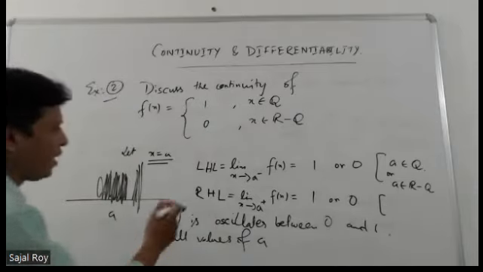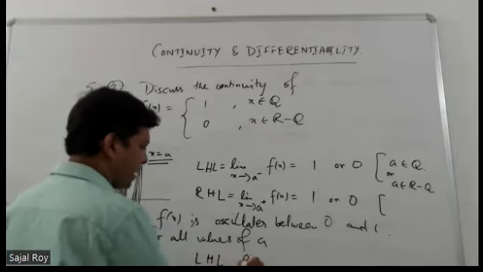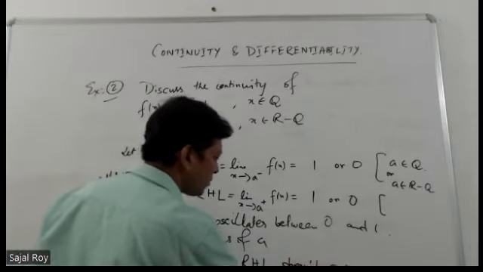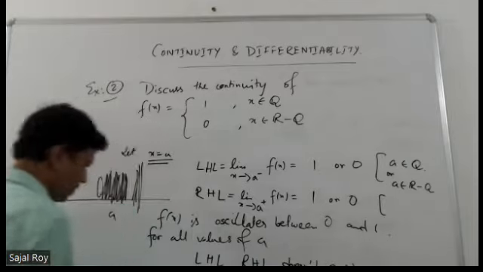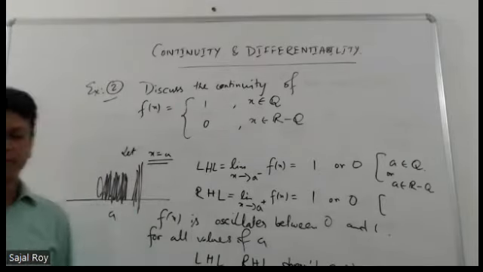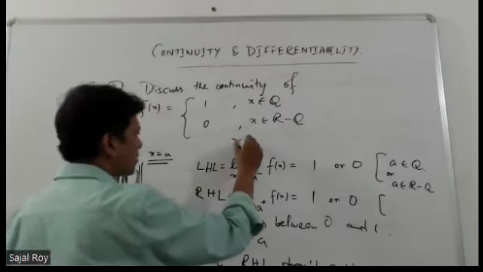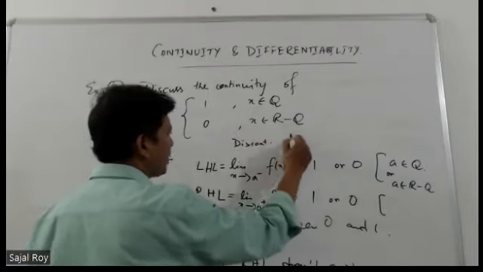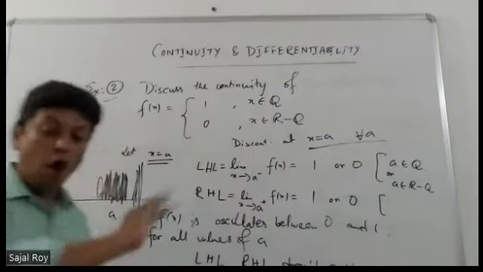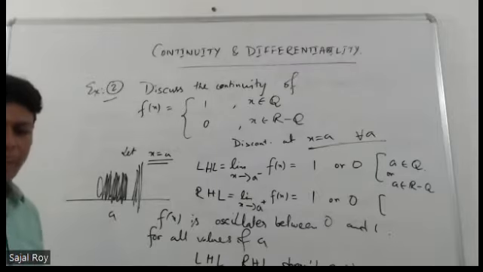So the left hand limit and right hand limit do not exist. So it is discontinuous at every point. Discontinuous at x equal to a for all a. All points are discontinuous points. Am I clear?